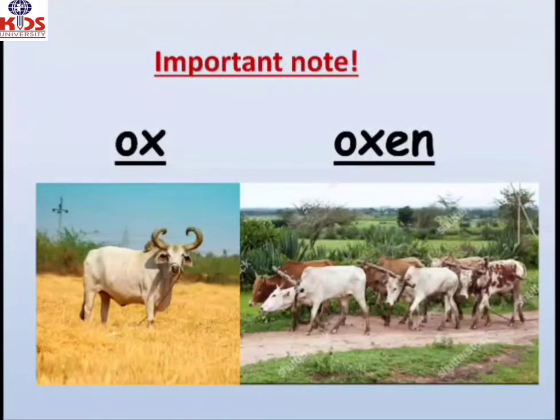But remember, the noun ox also ends with x, but we do not add es here, it's incorrect. Instead, we add en to the plural form of ox. This is an exception. Don't forget.